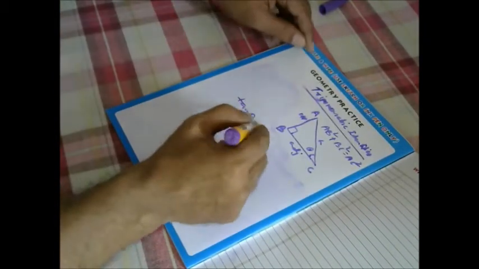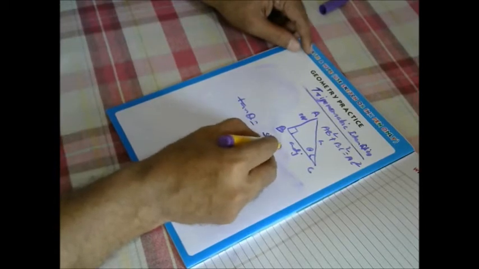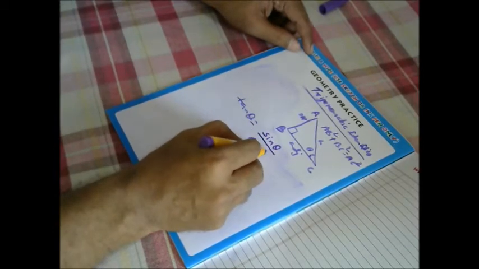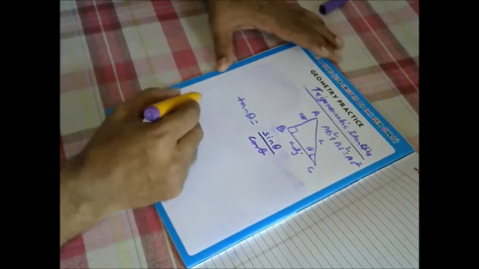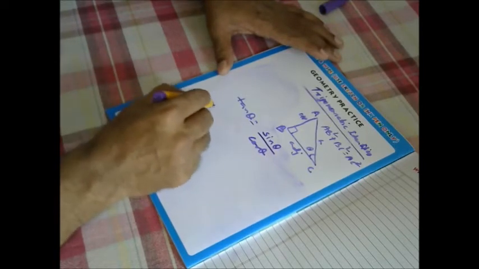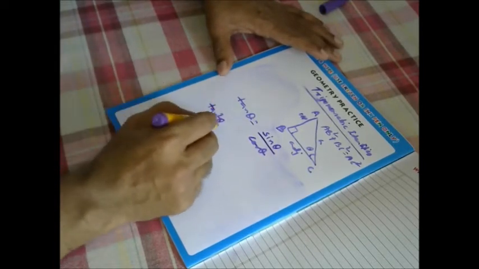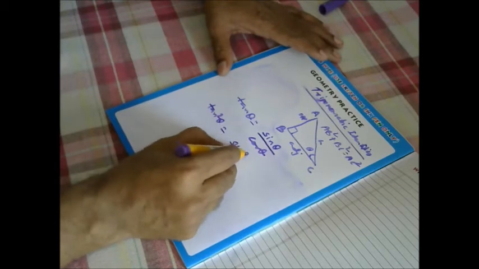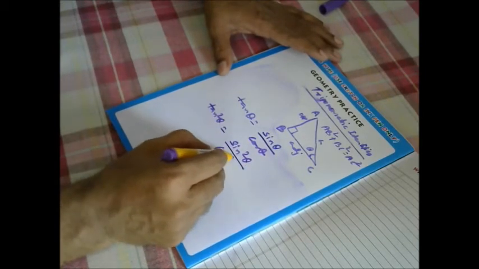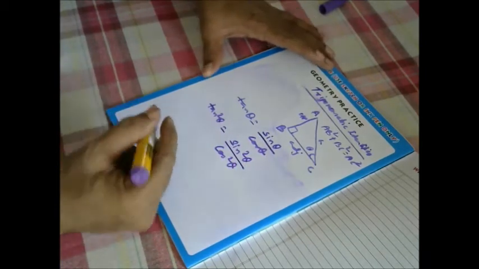Tan theta is equal to sin theta by cos theta. So tan square theta is sin square theta by cos square theta.